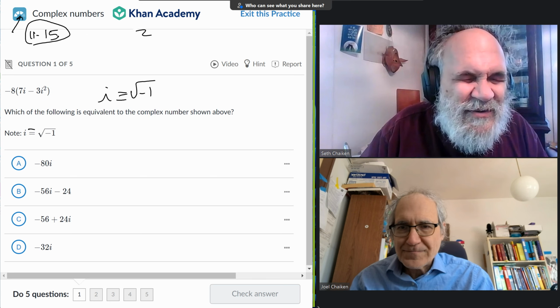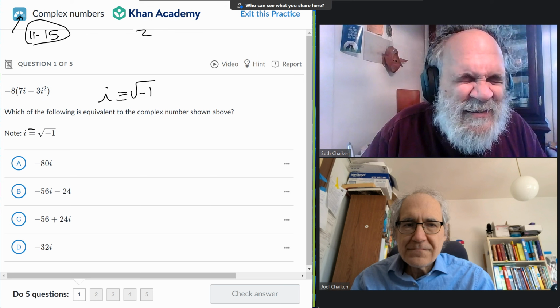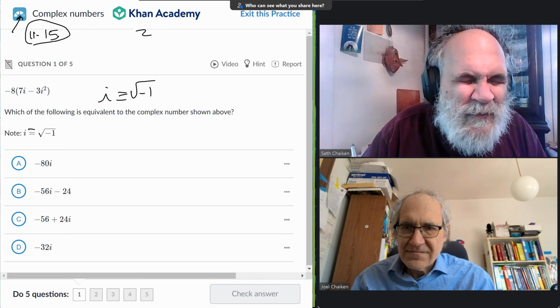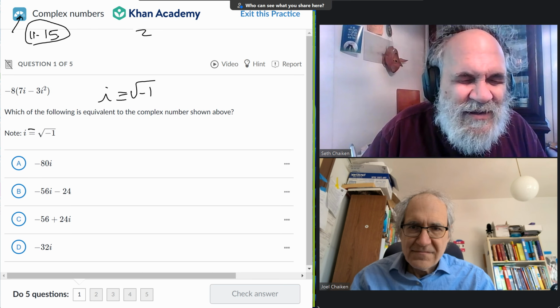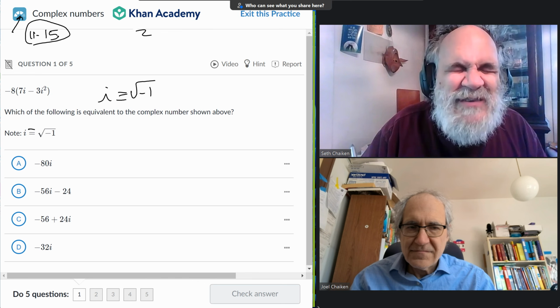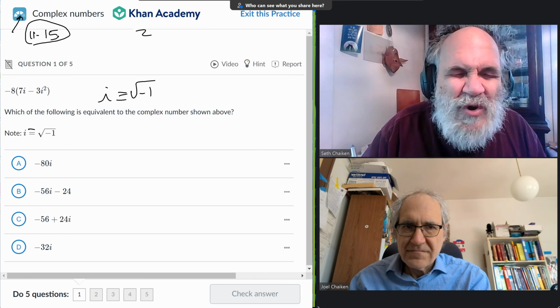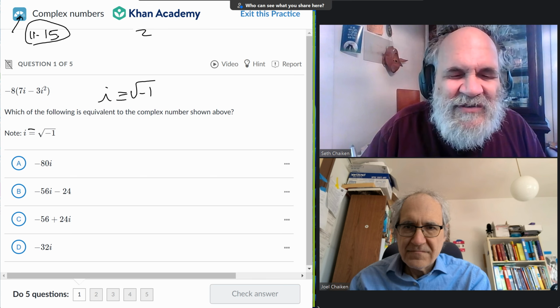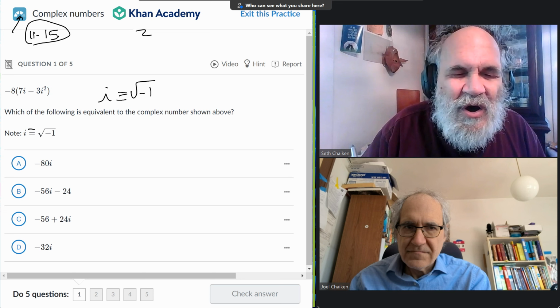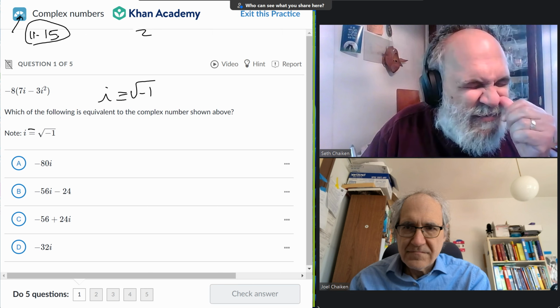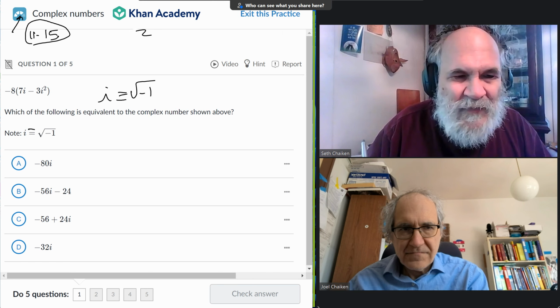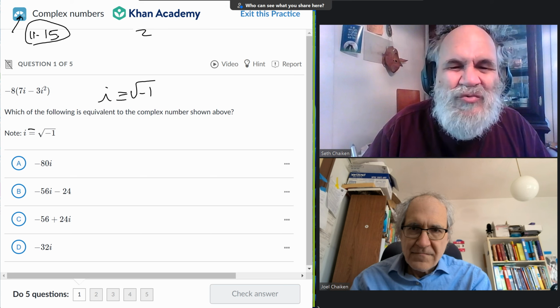Well, I would say that the significance of that definition is the whole idea of complex numbers: you do arithmetic with them using the same old laws of arithmetic that you've been familiar with since first grade, with one additional rule.